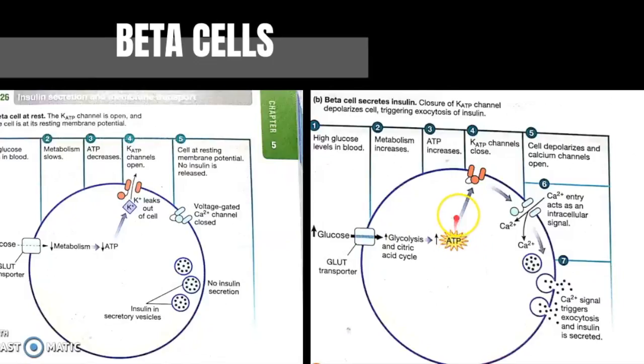Then ATP binds to this potassium ATP channel gate, which would close it, and then the cell would depolarize and calcium would start to flow in down its electrochemical gradient. This calcium would then trigger release of insulin down here in step 7.